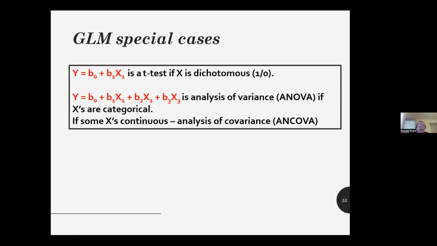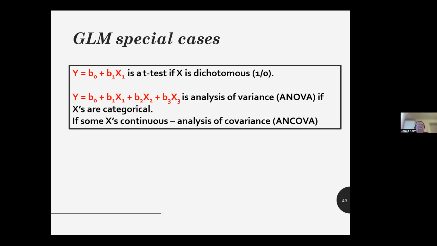In the general linear model, there are some special cases, one that we've already looked at. If the x here is dichotomous, say treatment or control, you have two groups, then this represents a t-test.